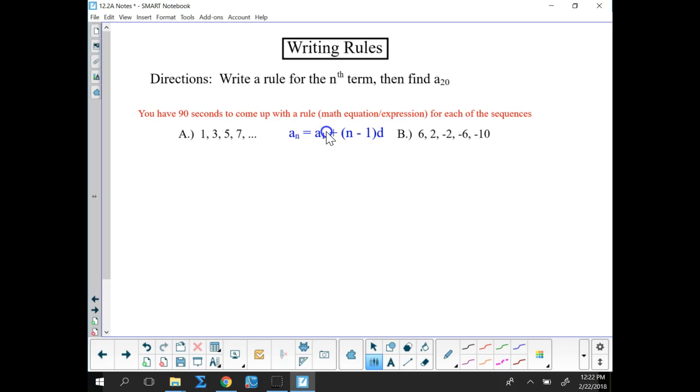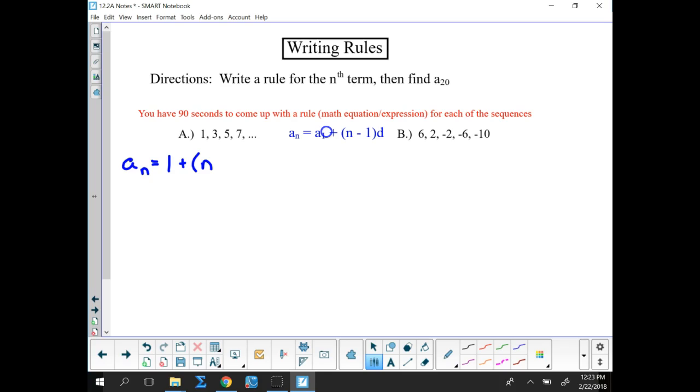for you? Okay? So, any term, that's what I'm looking for. I'm looking for that any term thing to be equal to the first term. What's the first term of my left sequence? 1 plus n. N is going to be the number of terms that we have.